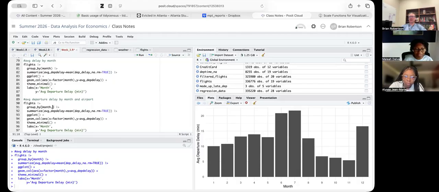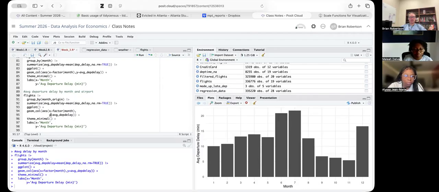I think you said origin, Malia. All right, I'm going to do origin. So we get summarized average departure delay. That's right. So what this will do is go through and calculate the average departure delay for each airport for each month.